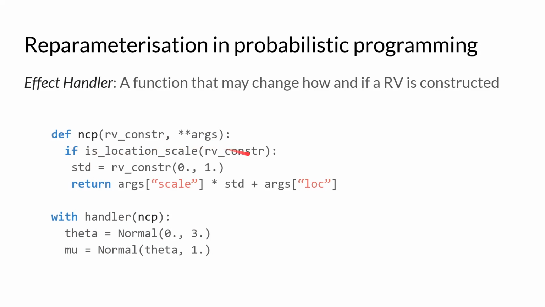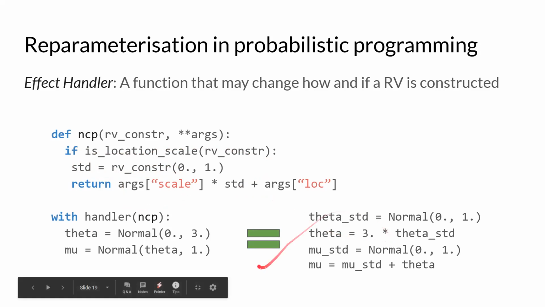If it's a location scale distribution, because non-centering only works for location scale distributions, we sample instead from the standard version of this random variable constructor, and then we shift and scale. So executing in the context of this handler is equivalent to executing this code.